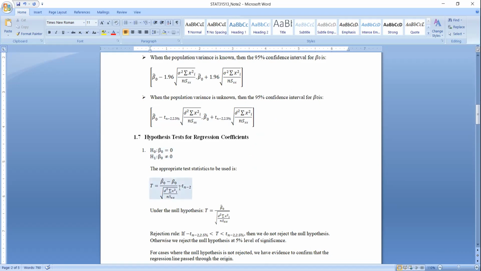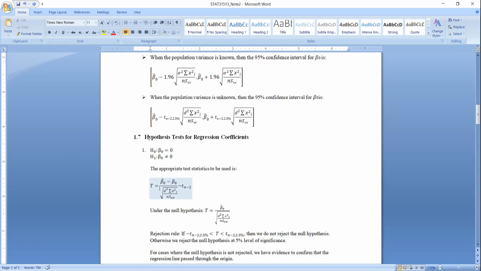And we are using the same test statistic which we use to construct the confidence interval. We take the test statistic and we substitute our data set. And you can see here we have taken the test statistic when the population variance is unknown, so it has a t distribution.